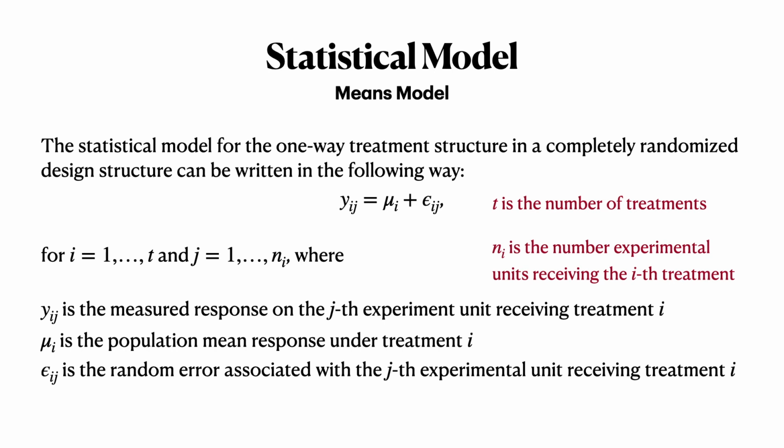Now, y sub ij is the measured response on the jth experimental unit receiving treatment i. Mu sub i is the population mean response under treatment i. And epsilon sub ij is the random error associated with the jth experimental unit receiving treatment i. Because this representation is expressed in terms of the mu sub i's, this is called the means model of the one-way ANOVA.